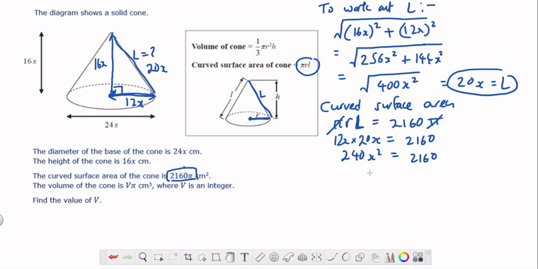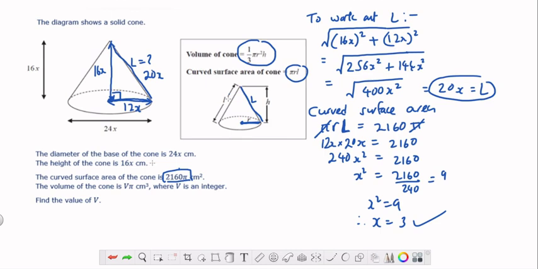So x squared is equal to, well, to get rid of times by 240, you need to divide by 240 both sides. 2160 divided by 240 gives you 9. So x squared is equal to 9. Therefore, we know x is equal to 3. Square root of 9 is 3. We're not going to say plus and minus 3. It has to be a positive number because we're talking about lengths.